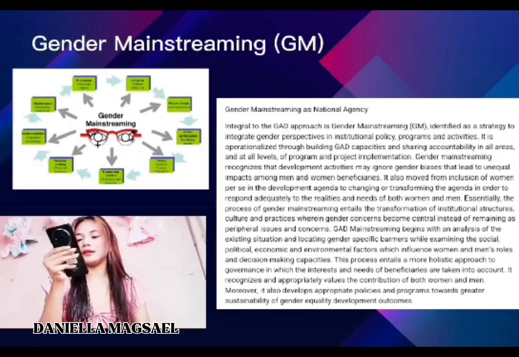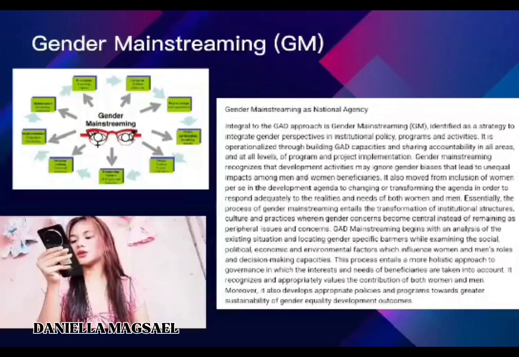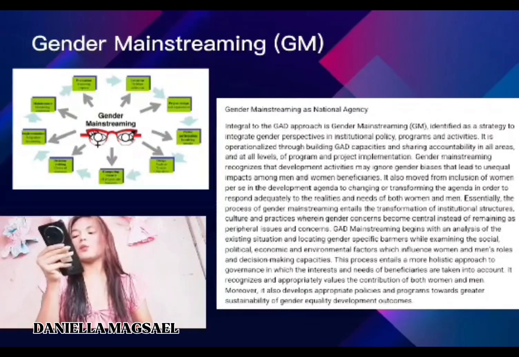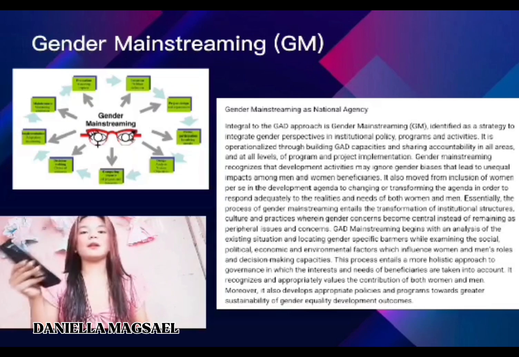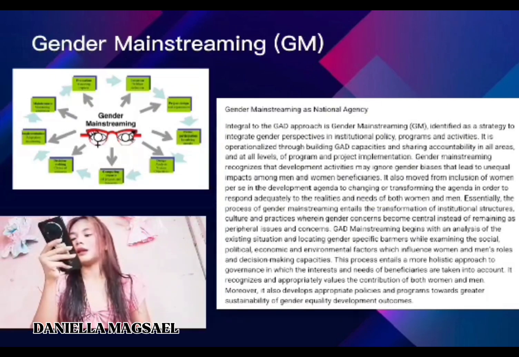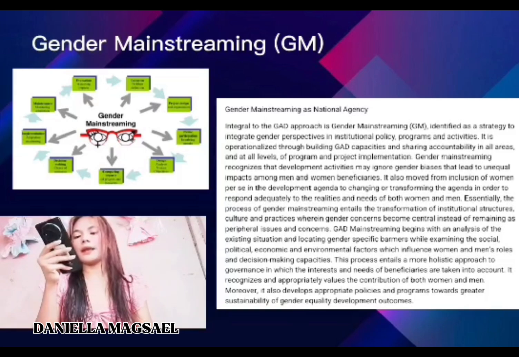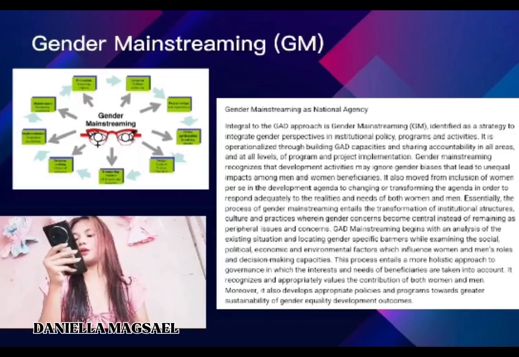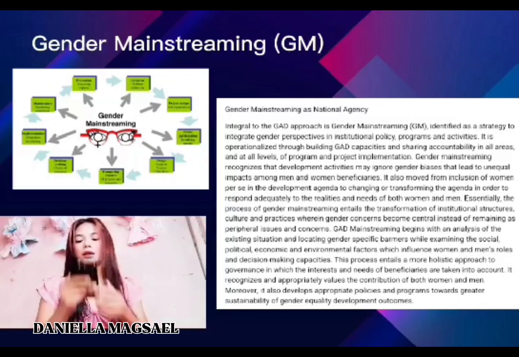This process entails a more holistic approach to governance in which the interests and needs of beneficiaries are taken into account. It recognizes and appropriately values the contribution of both women and men. Moreover, it also develops appropriate policies and programs towards gender sustainability and gender equality development outcomes.